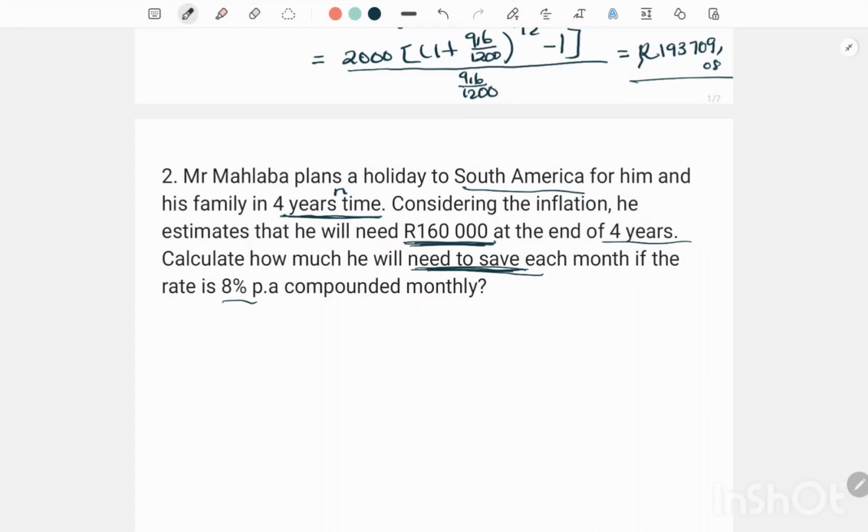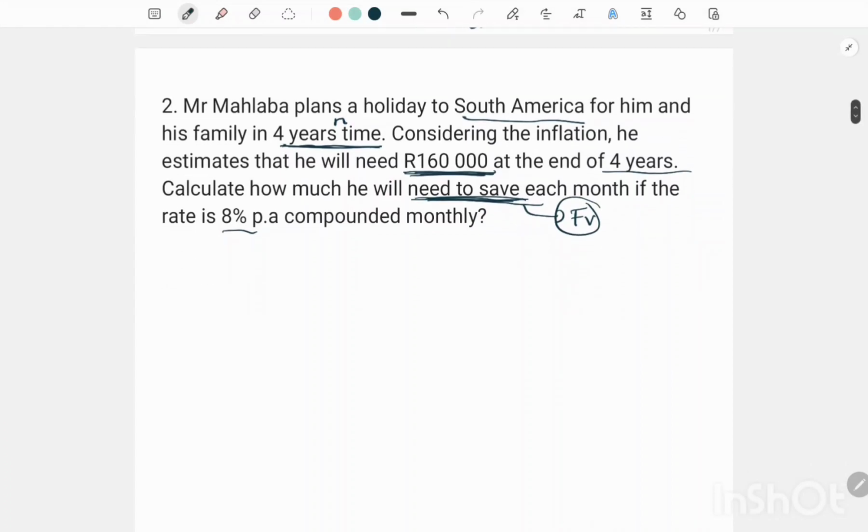So, Mr. Mahlaba needs to save. You ask yourself whether it's future value or present value annuity. It's future value because he will need this money after a certain period. So he needs to save to get this money.